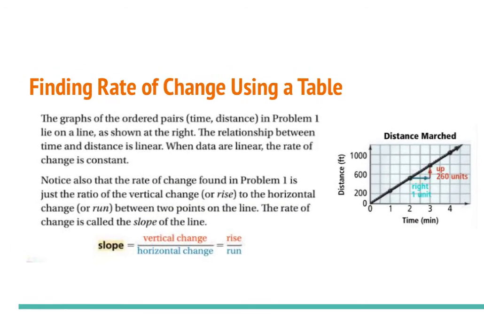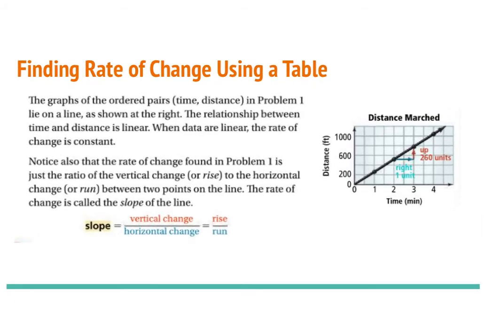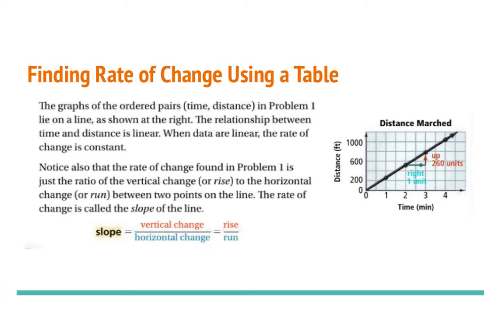Slide. Finding rate of change using a table. Okay, guys, I want to tell you how this relates to slope. You remember how the rate of change was the change in the dependent variable divided by the independent variable? Slope is just your vertical change over your horizontal change, or in other words, we read it as rise over run, okay? This should be a review for everyone. We should have seen this before.